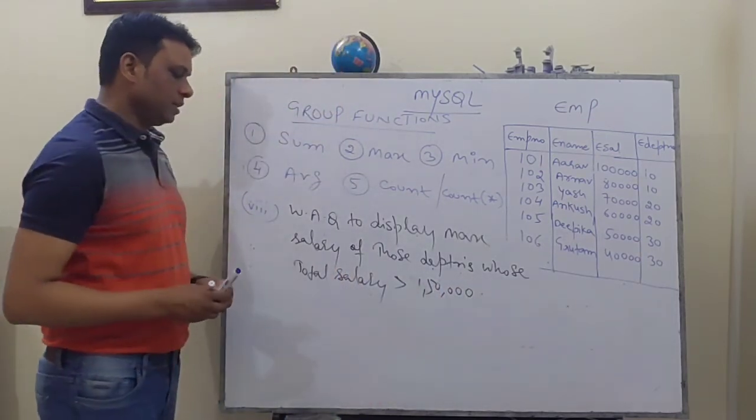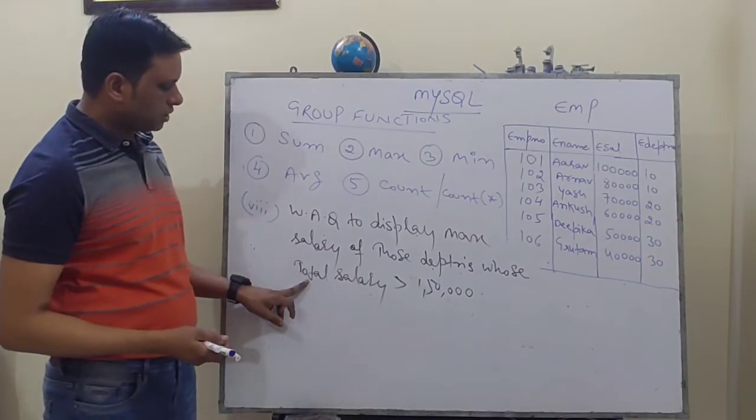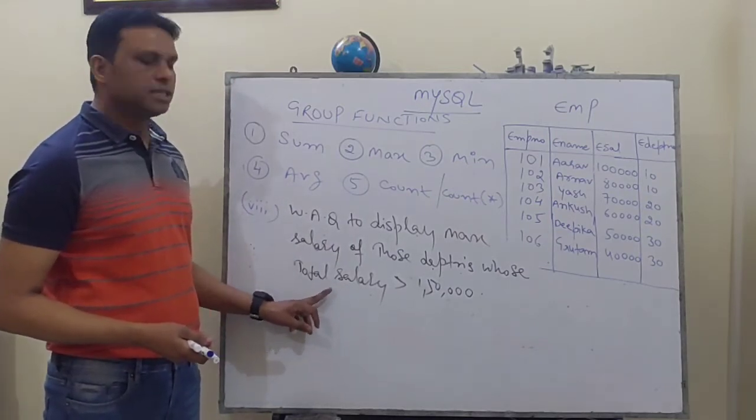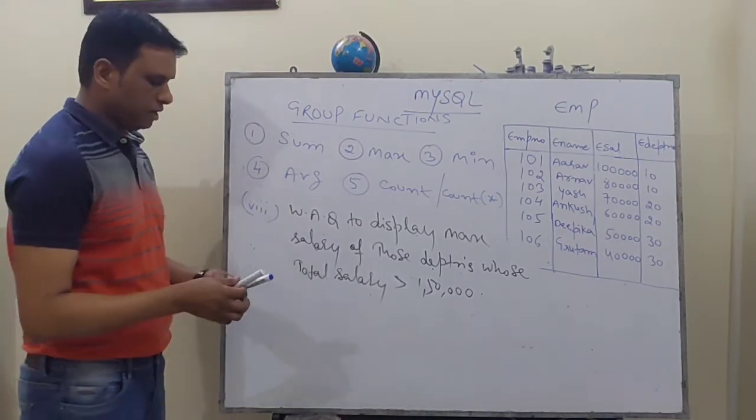So in this query there is a condition, and in the conditional part there is total. So to write this query we have to use having for it.